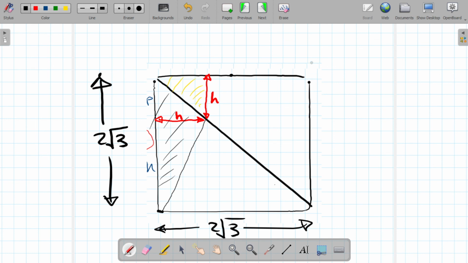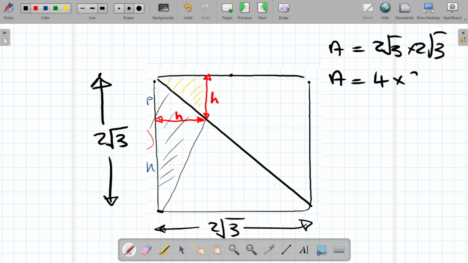So the area of the whole square is 2 root 3 times 2 root 3. That leaves us with the 2 times the 2, which is a 4, and the square root of 3 times the square root of 3, which just becomes 3, and the area is 12 square units. 12 units squared, right?